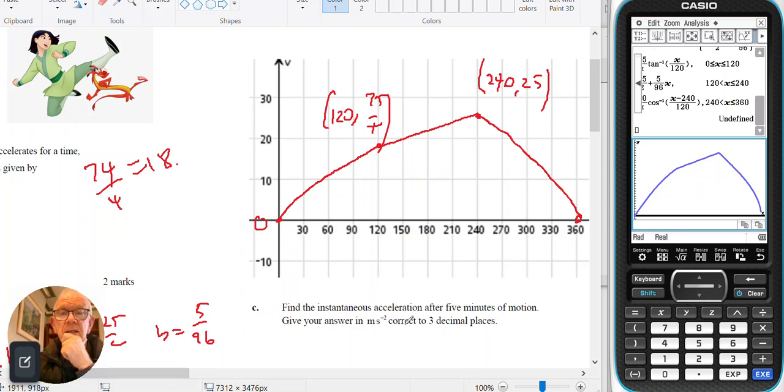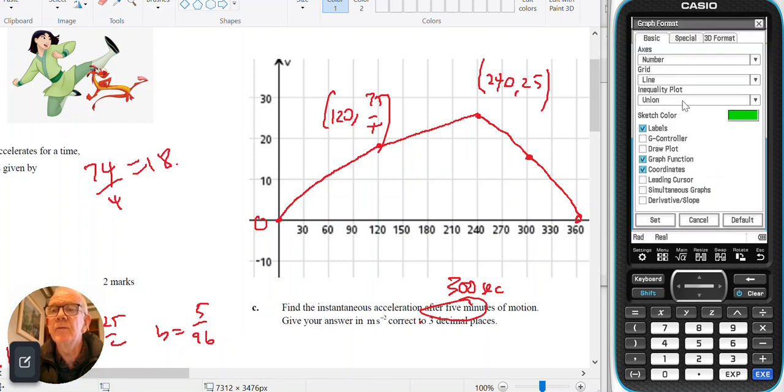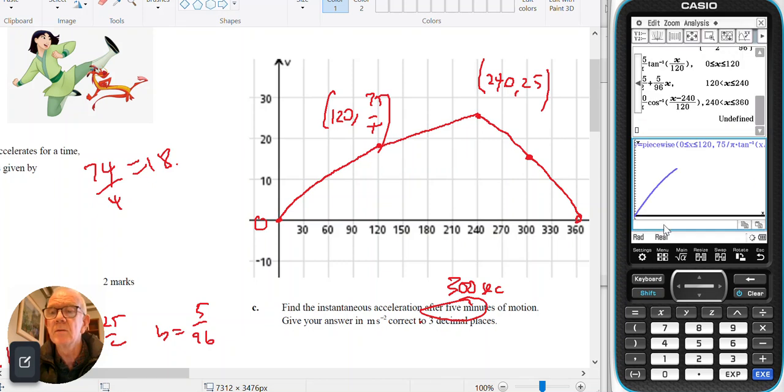Find the instantaneous acceleration after 5 minutes. 5 minutes will be 300 seconds, so it's obviously going to be negative. I might come here and go to graph format and make sure that the derivative slope is set.